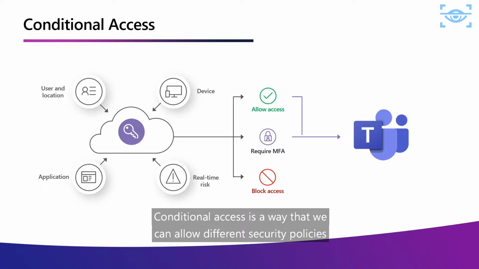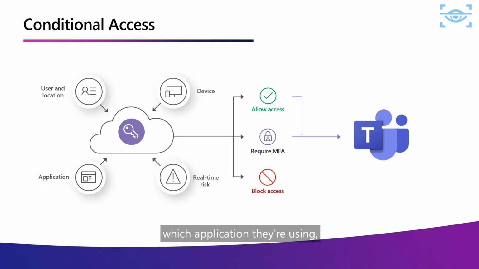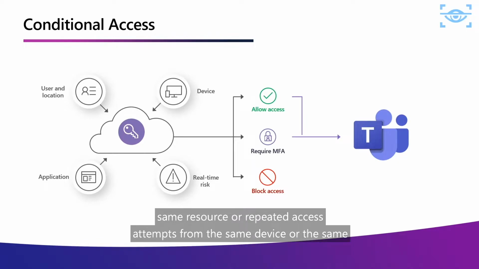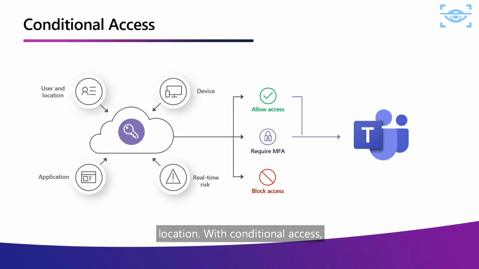Conditional access is a way that we can allow different security policies to be implemented based on signals like the user's location or who they are, the device that they're on, whether or not it's a managed device, which application they're using, and then certain AI-driven real-time risk signals like repeated requests for the same resource or repeated access attempts from the same device or the same location.